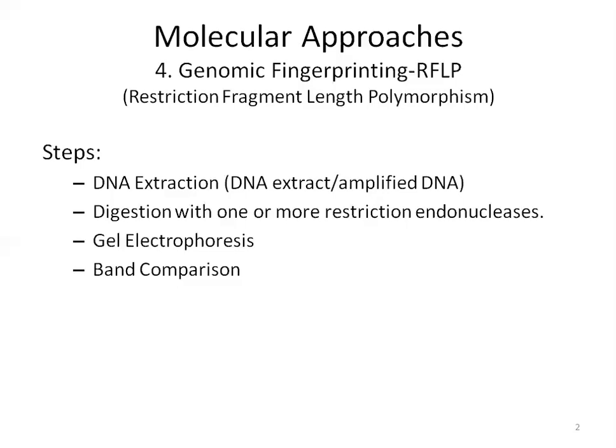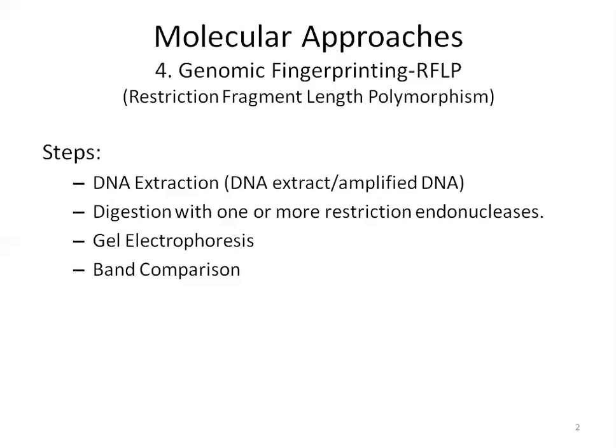For example, you can use the manual method, maybe the Gardes and Bruns CTAB method for the fungi, or you can also modify this procedure for bacteria and other microbes. You can also use commercially available kits as well.